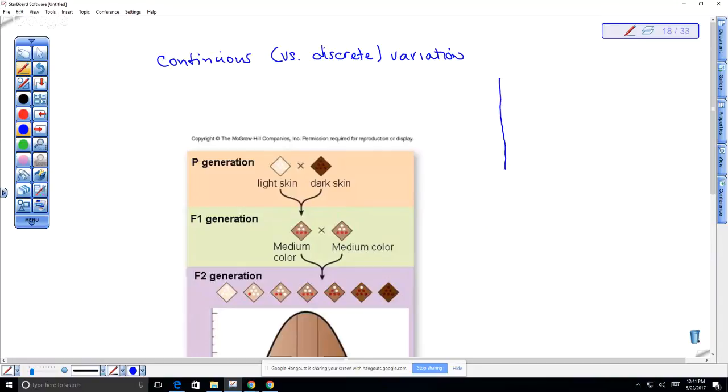So what we see in the population, okay, this would be the number of individuals, and this would be increasing along this axis, and this would be skin color from light to dark.